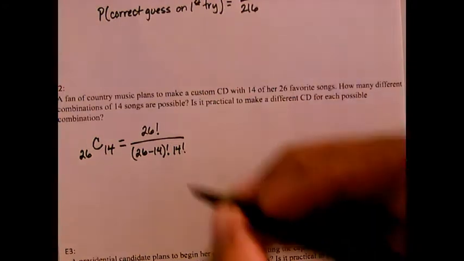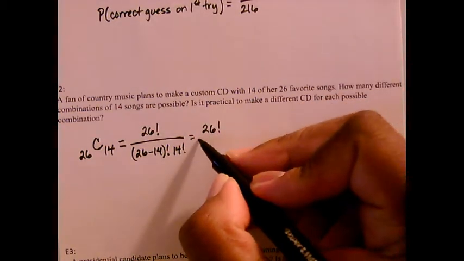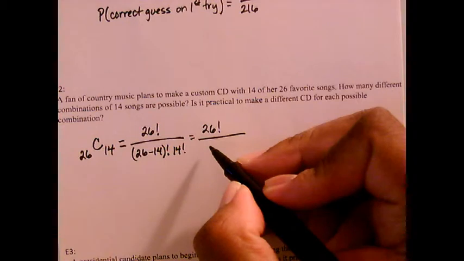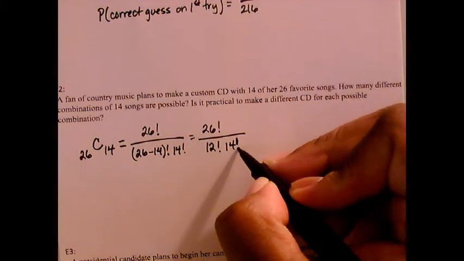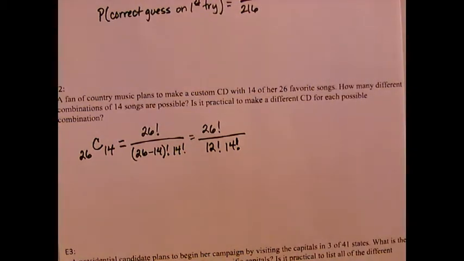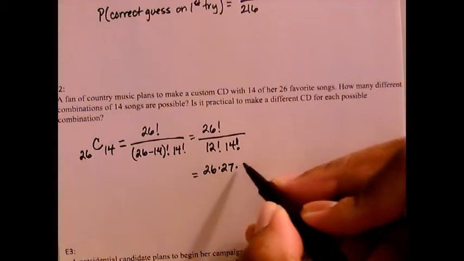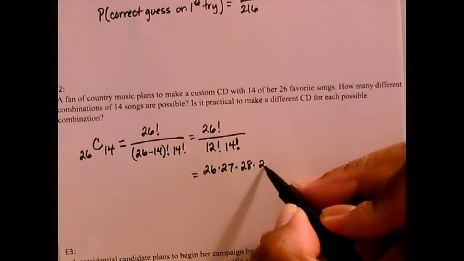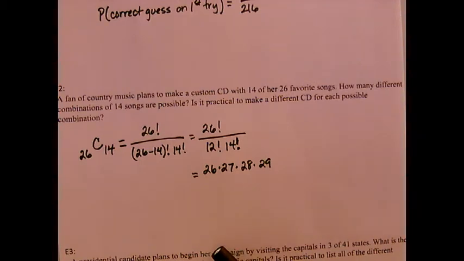Okay. Now in this case here, the numerator is your 26 factorial. 26 minus 14 is going to be 12, so that's 12 factorial times 14 factorial. Now in this case here, we need to expand 26 factorial, and this is going to take a while. Correction, it's decreasing.